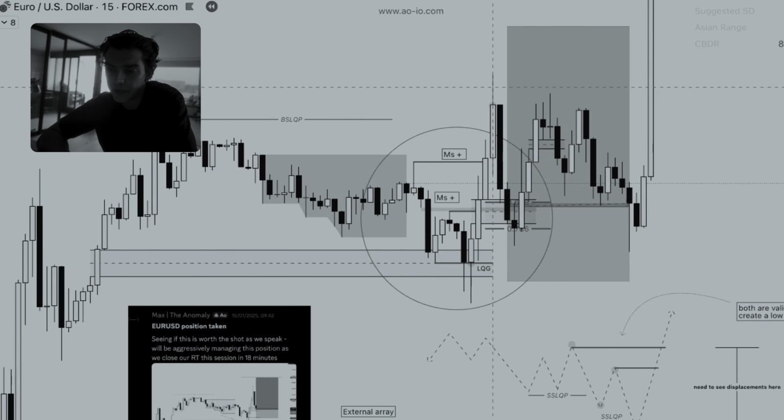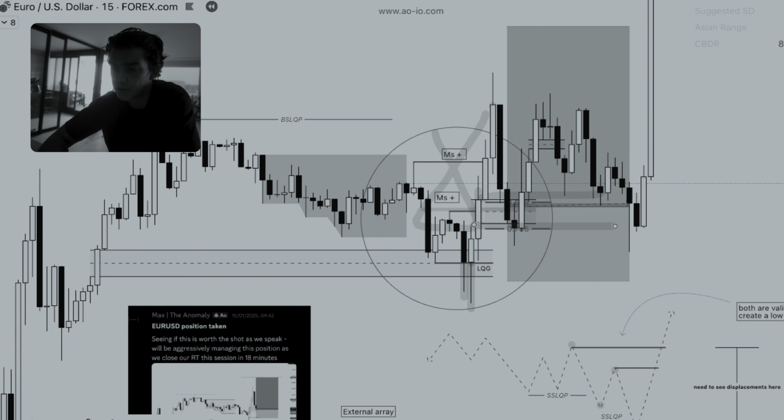And then from there you can see that we have these signatures right here that showcase bullish intent, such as the bullish imbalance, such as injection wicks, and obviously our double market shift, both of them being valid to then allow price to come back into this optimal trade entry.